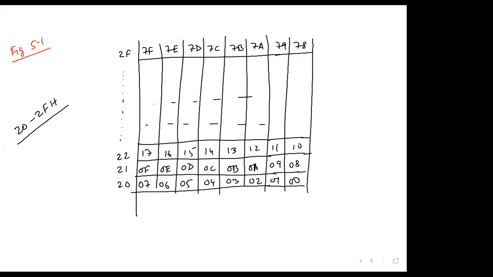You should always remember that this is your digit 0, this is digit 1, D2, D3, D4, D5, D6, and D7. So how can we specify? Say if I ask you, where is 13 located? Your answer should be 13 is D3 in the memory location 22 hex. So if I tell you where is 0D, what will be your answer?